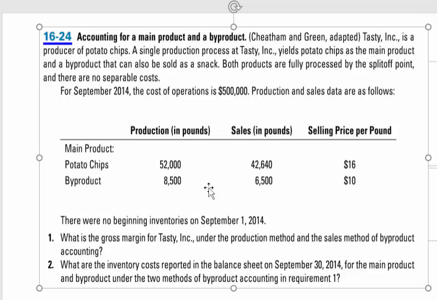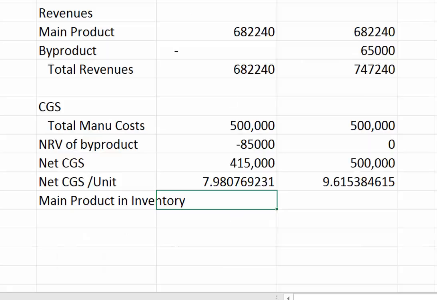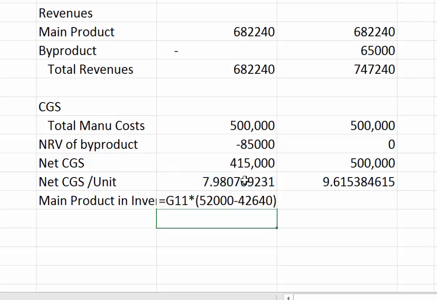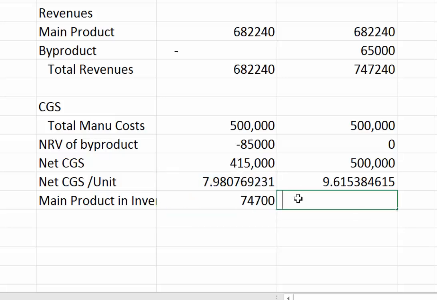For the byproduct, you can use 8,500 minus 6,500 to find the inventory. So I'm going to go ahead and do that. For the main product in the inventory, I'm going to multiply the CGS per unit by 52,000 minus 42,640. So that will give me the numbers.